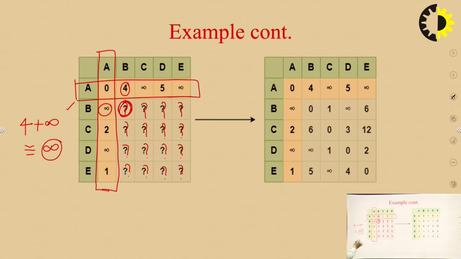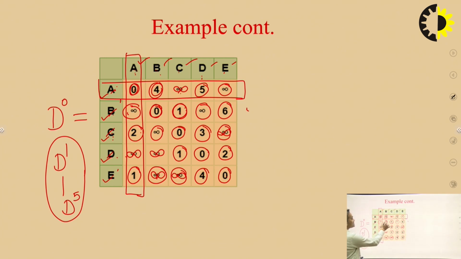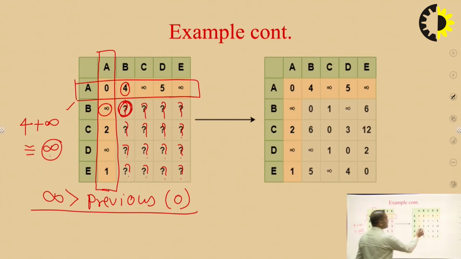If the calculated value is greater than the previous value, which is 0, then we don't update the value of the cell. That means we write the previous value of that cell, and the previous value of this cell is 0, so we have to write 0 here.